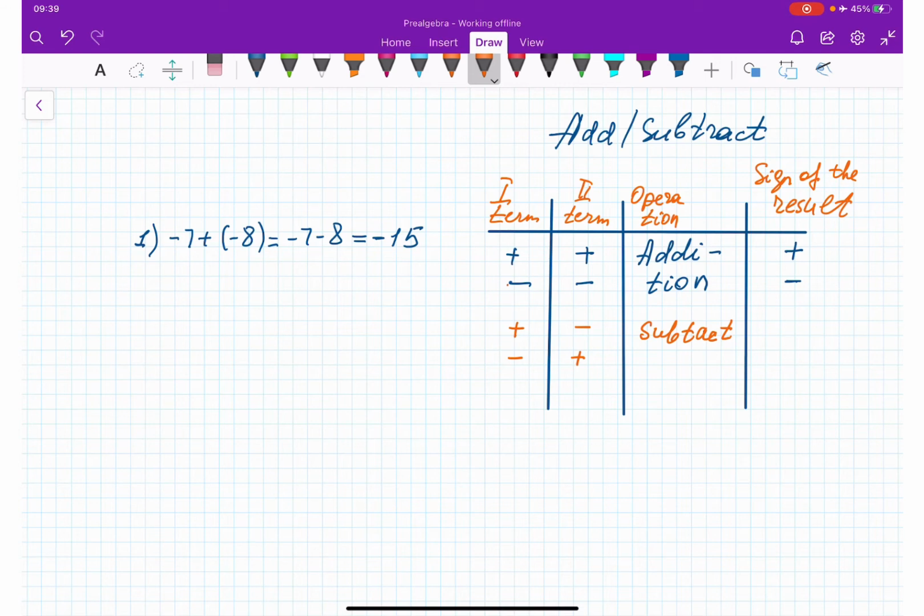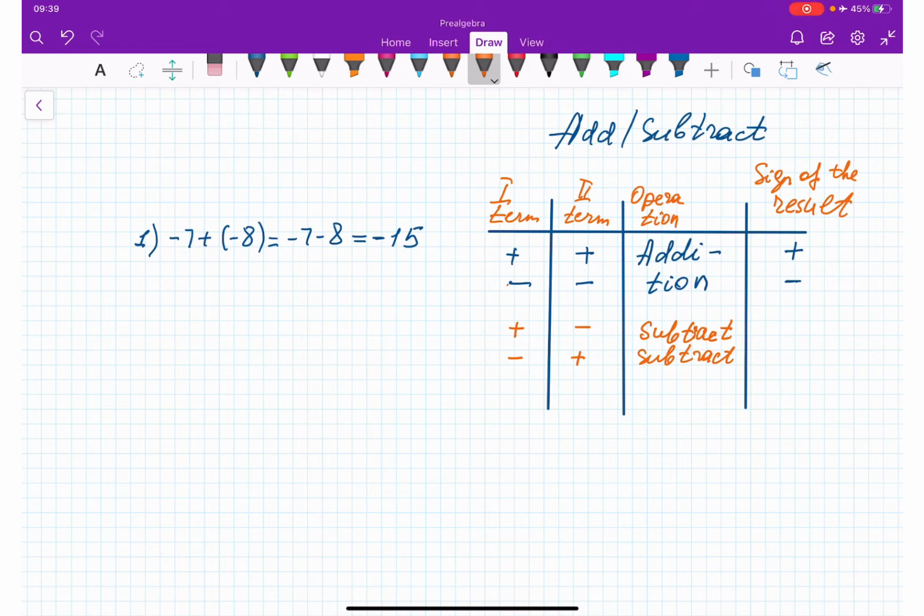Okay? Now, regarding the sign, in both of these cases, plus minus or minus plus, the result will take the sign of the number with a greater absolute value.